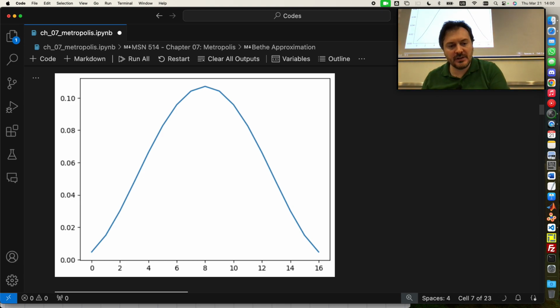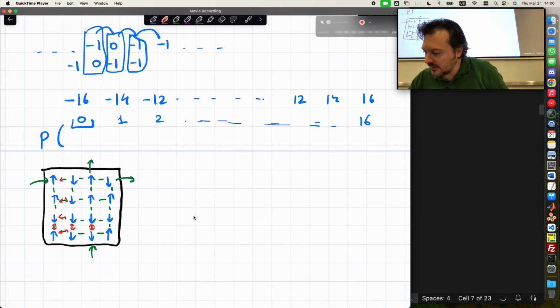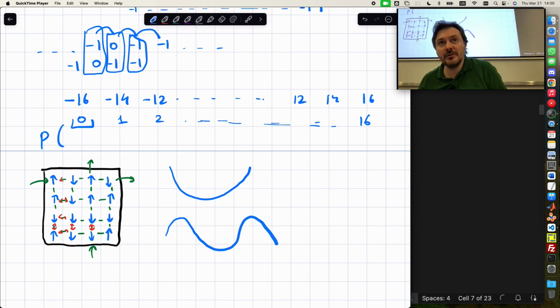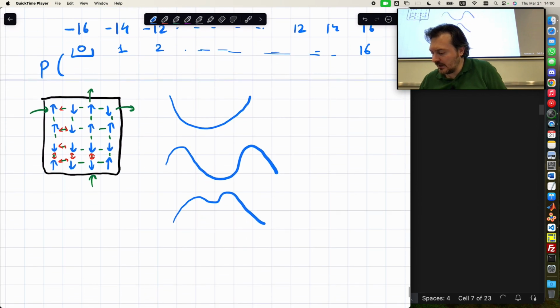So what we saw here is this. We started with this probability distribution, then it went into this probability distribution, and then this one, and eventually it came down to here. Okay, so if you trace the top parts, the magnetization, as you increase the temperature, goes through these stages.